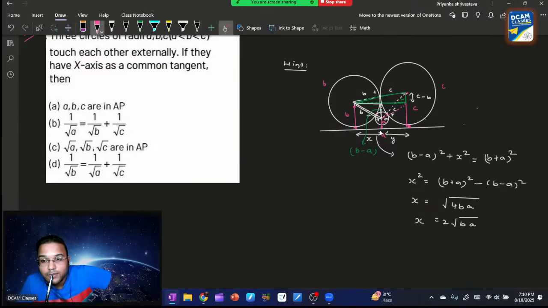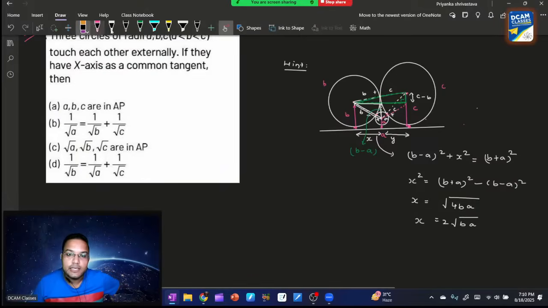But they are not touching. How will you find? This became a problem. X we have found out, but which two are not touching, sir?